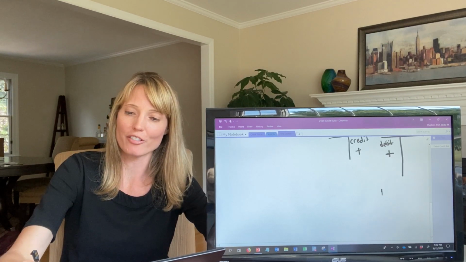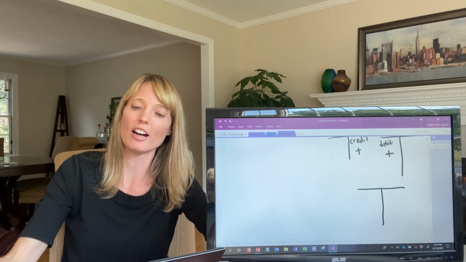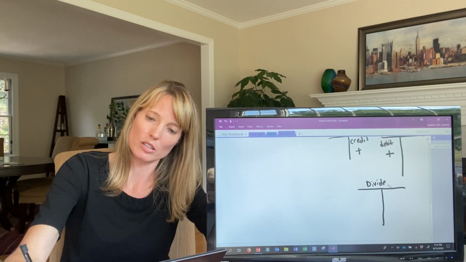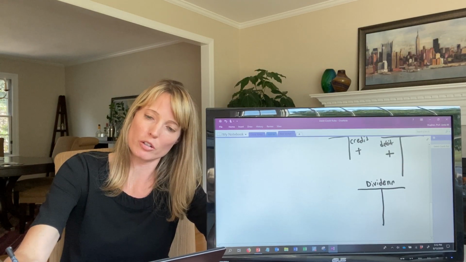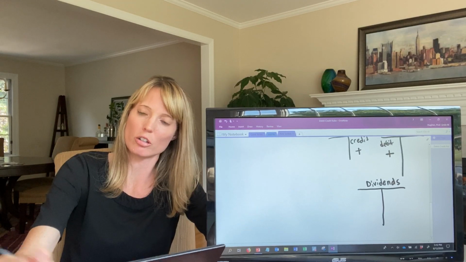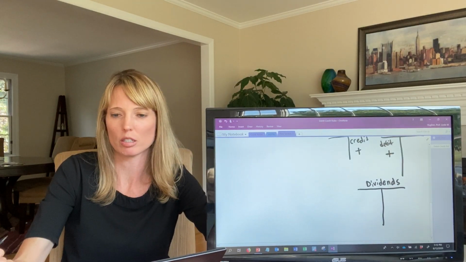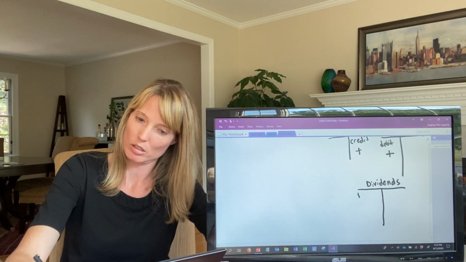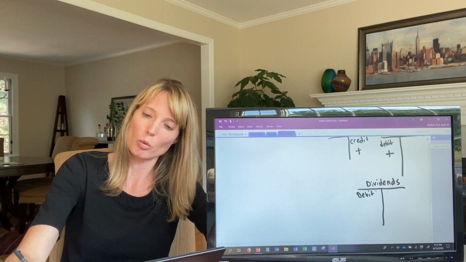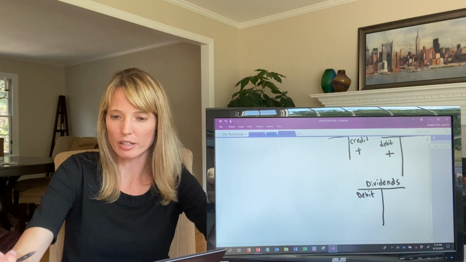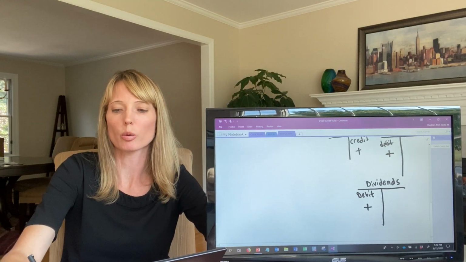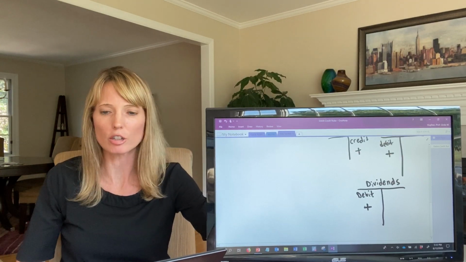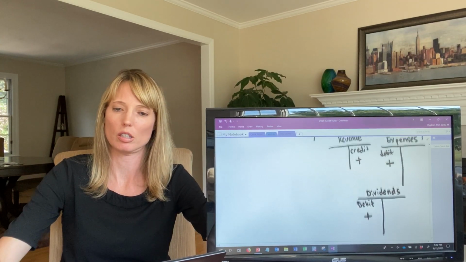One more account that affects retained earnings, but is not on the income statement: dividends. And what do dividends do to retained earnings? Do they increase or decrease retained earnings? Dividends decrease retained earnings. So when we declare dividends, we are going to increase or debit the dividends account. That account will then decrease retained earnings.